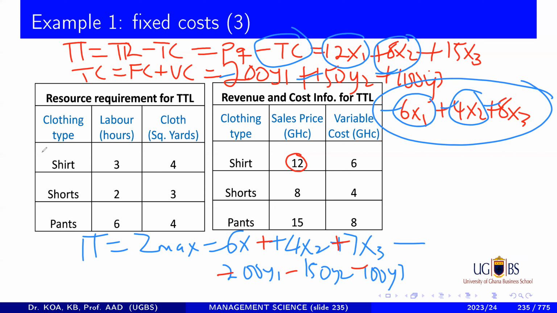Now you can see that the profit function has got two different decision variables in it. So this is the first time you are seeing a linear program with two different decision variables. Let's go on. We're going to formulate the constraint. And the first constraint, as you can see there, is going to be about the labor. The second constraint is going to be about the cloth.